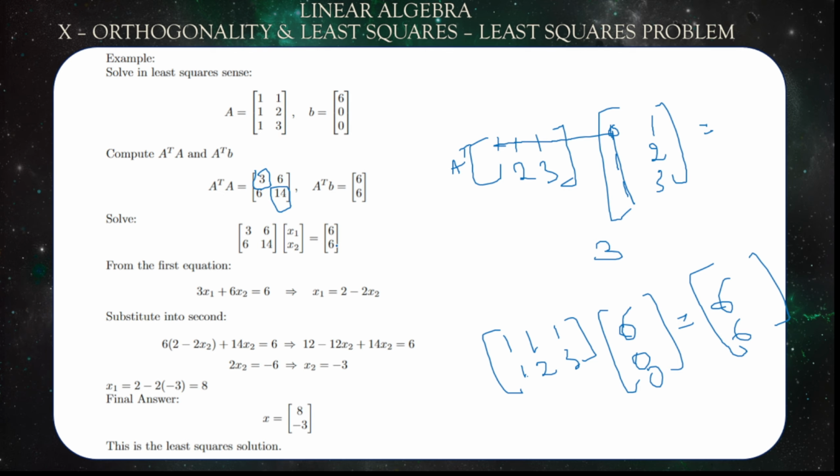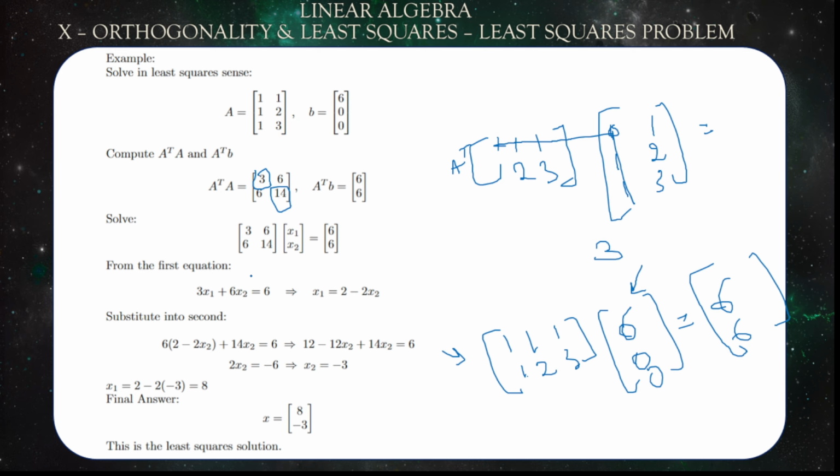So 6, 6. It has 1 column and 2 rows. The number of columns is based on the second matrix we're multiplying, and the number of rows on the first. So 6, 6.